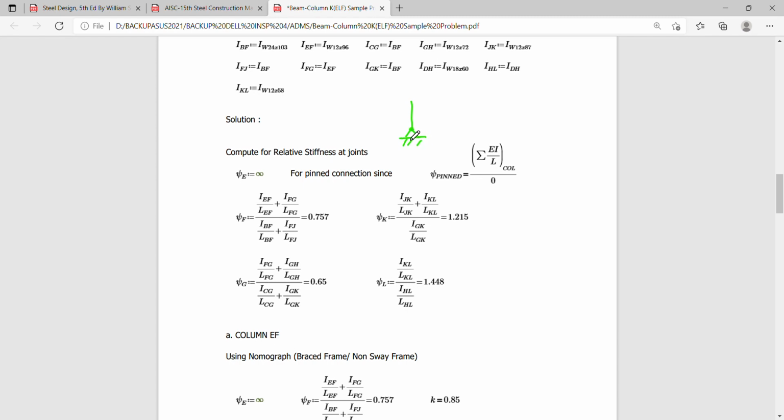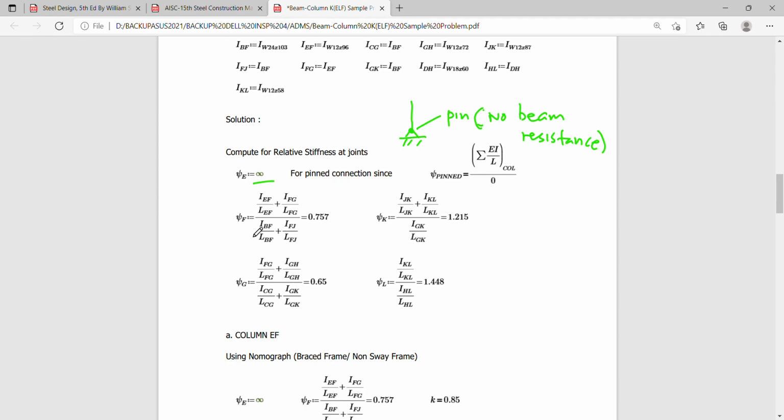At a joint where this pin end gives no beam resistance, there is no beam resistance provided at this particular joint. Hence, psi for a pin-ended column will simply be undefined.